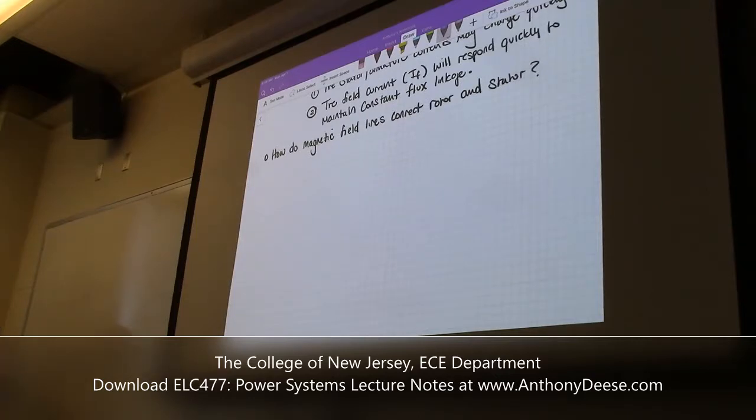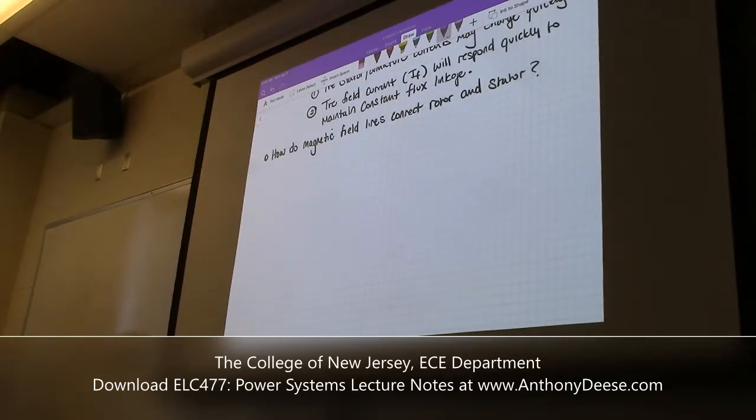So this may seem like a question that's out of nowhere. Okay, we're talking about these transient or subtransient periods. We've talked about this constant flux model. What is this question? What does that mean? How do the magnetic field lines connect the rotor and the stator?